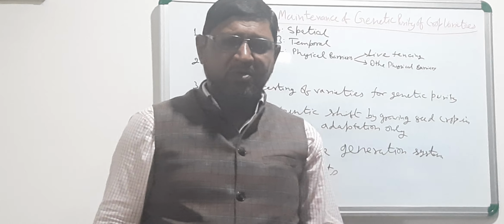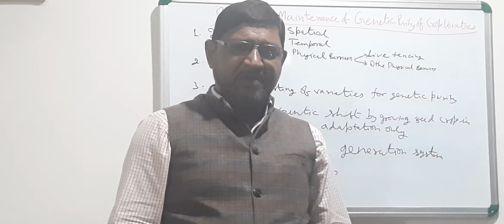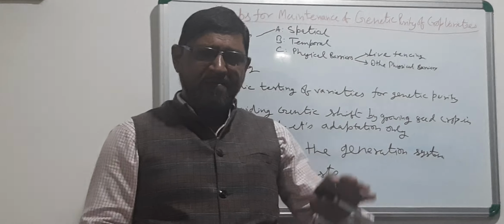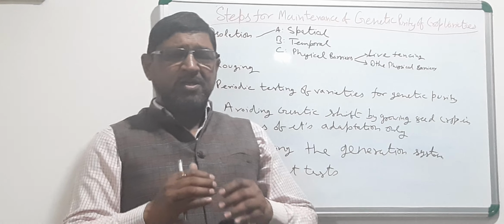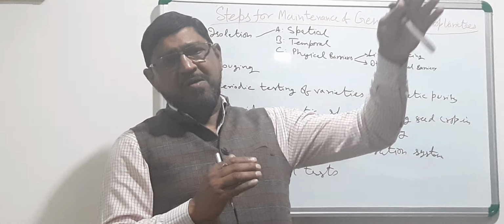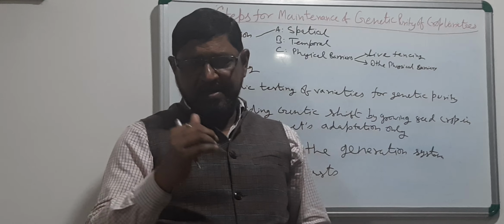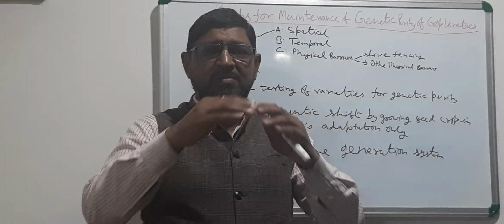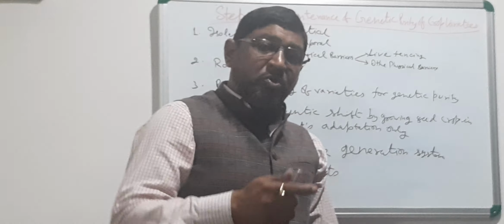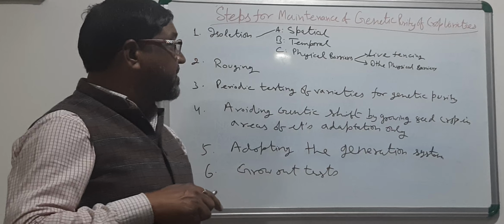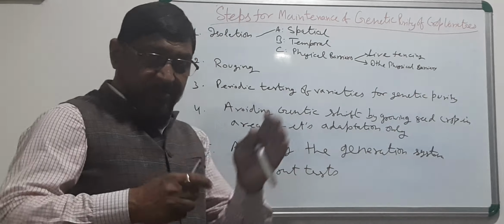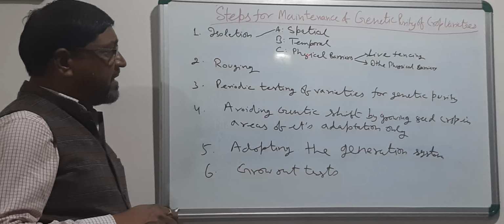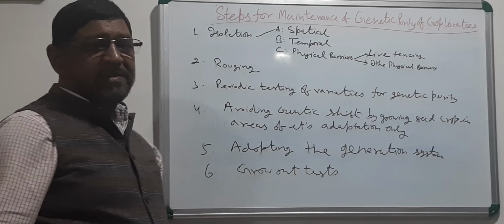If other farmers have grown different varieties and you are going to grow your seed crop, you wait for 21 or 30 days, so that the other crop grows and flowers earlier than your flowering comes. There should not be synchronization of flowering. You can adjust this by sowing time. Then there is isolation through physical barriers.